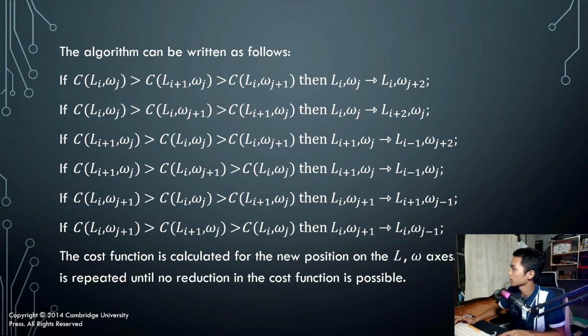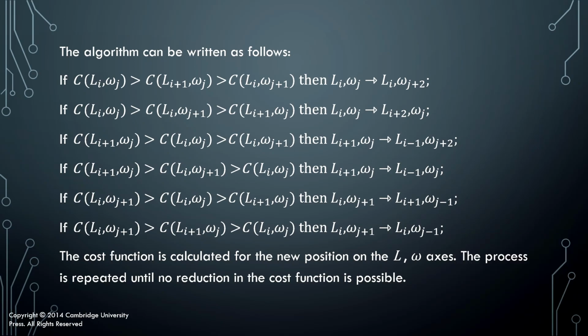The algorithm can be written as follows. I will not be reading out everything here, but if you want, you can pause the video to familiarize yourself with or check the algorithm. But bottom line is the cost function is calculated for the new positions on the L and omega axis.